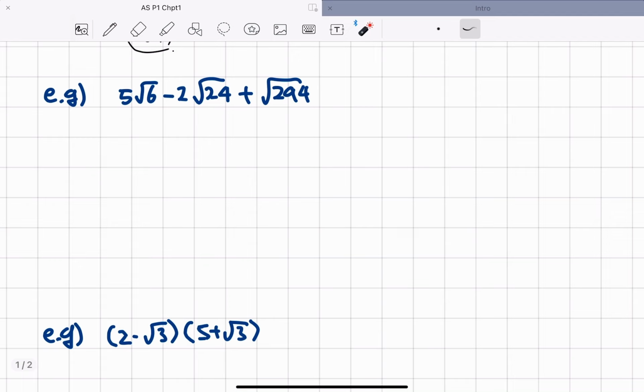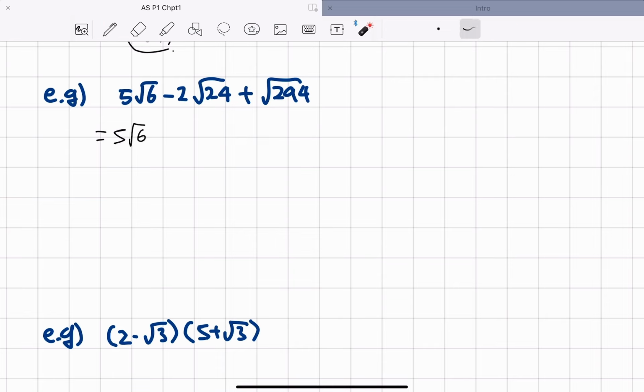So the first one is 5 square root of 6 minus 2 square root of 24 plus square root of 294. Okay, to simplify, we know that this 6 we cannot simplify anymore, right? But 24 or 294 we can try to simplify. So let's try to simplify this 24 first.